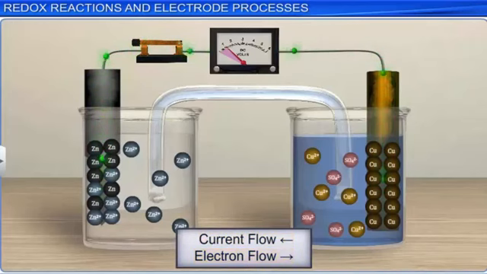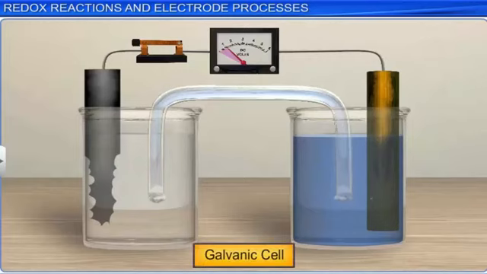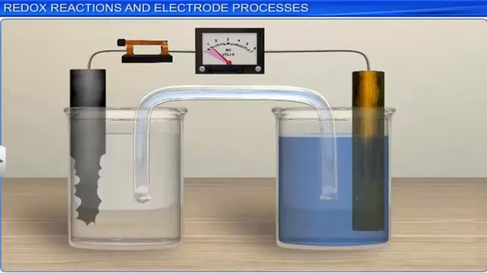In this experiment, the two redox couples are zinc and zinc 2 plus ions, and copper 2 plus ions and copper. The apparatus set up for this experiment is known as the galvanic cell. The galvanic cell was invented by an Italian anatomist, Luigi Galvani.